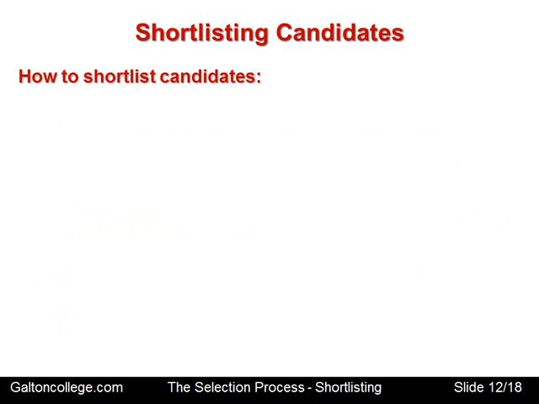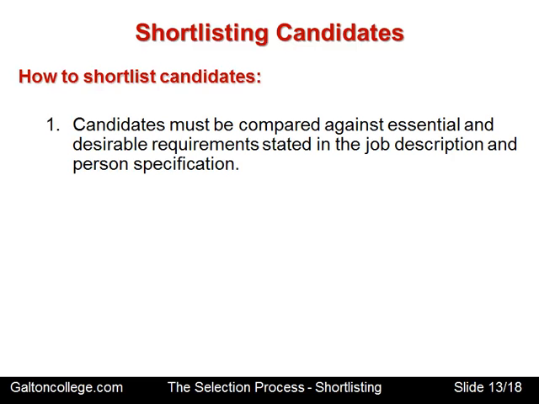So, how to shortlist candidates? Well, candidates must be compared against essential and desirable requirements stated in the job description and person specification. So there must be an objective set of criteria set out. This is what the job requires, and this is the type of person that we're looking for.